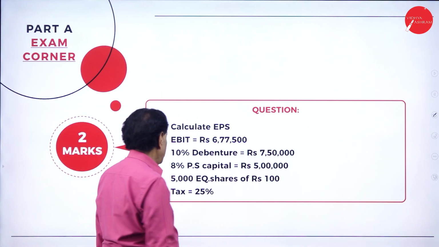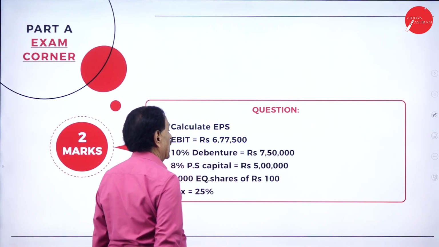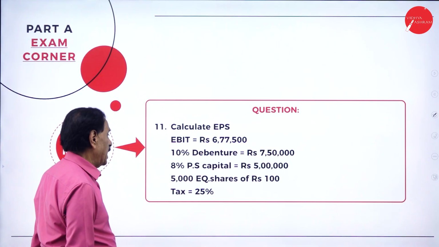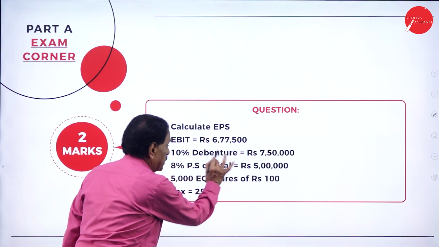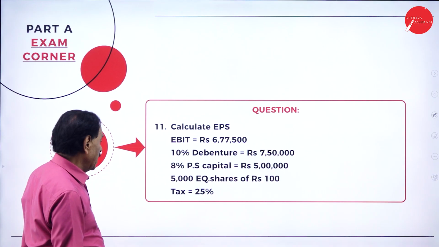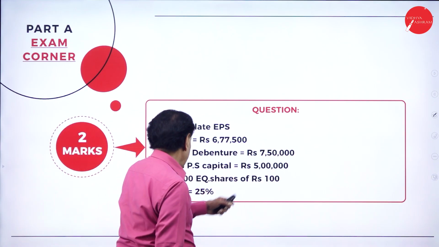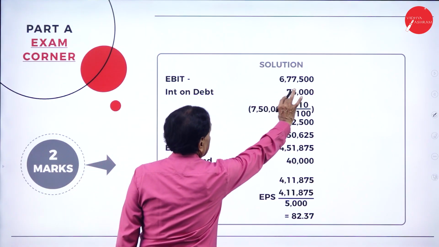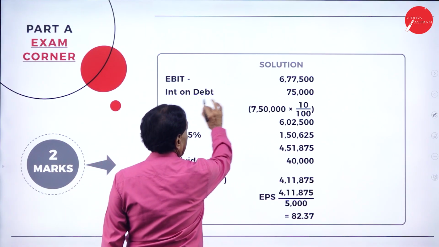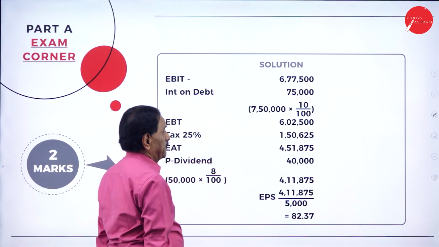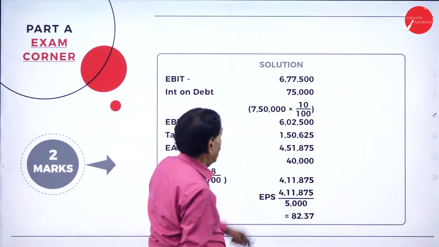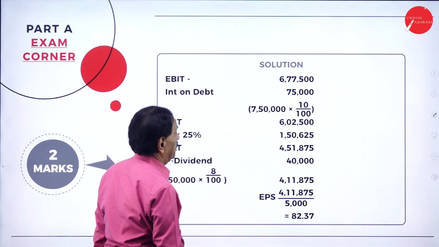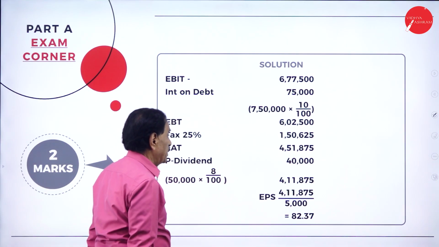Calculate earning per share. EBIT is 6,77,500, 10% debenture 7,50,000, 8% preference share capital 5 lakh, 5,000 equity shares of 100, tax at 25%. EBIT 6,77,500. Interest on debt, 7,50,000 into 10 by 100, is 75,000. Balance is 6,02,500, earning before taxation.